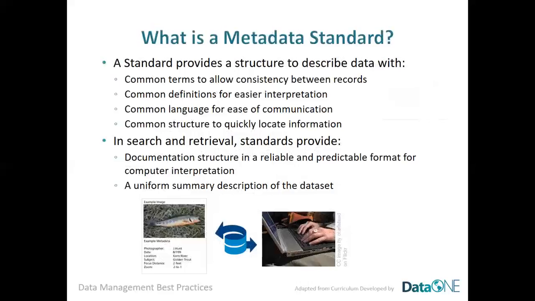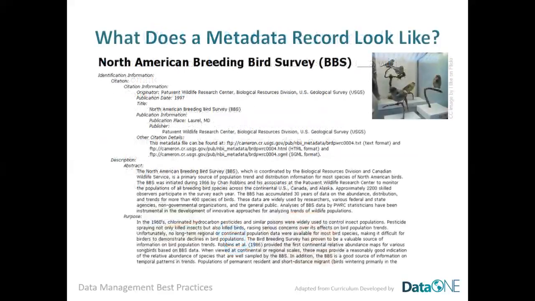The use of the standard also supports search and retrieval in the data management software and applications, and also facilitates data visualization, like I will show you in some examples later on. In the following slides, I talk about some examples of metadata records.